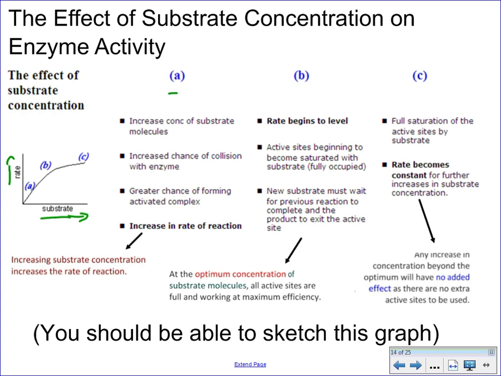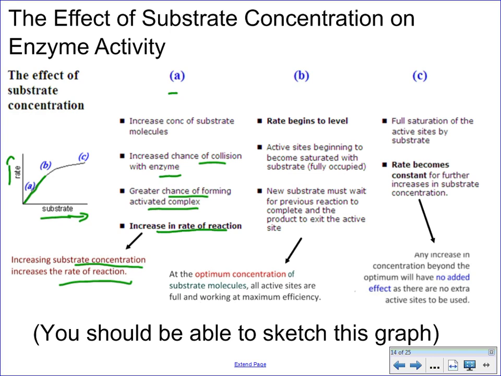So at point A, as concentration of substrate molecules increases, the chance of collision of substrate with the enzyme increases as well. So we're creating a greater chance of forming this enzyme substrate complex. And so as a result, we see an increase in the rate of reaction. So increasing substrate concentration generally will increase the rate of reaction.